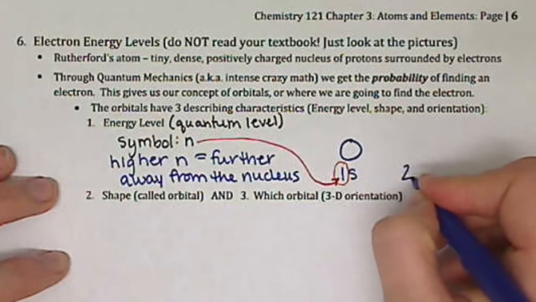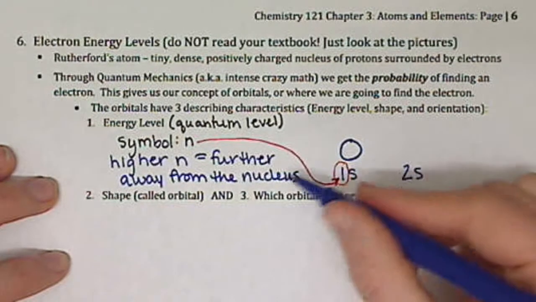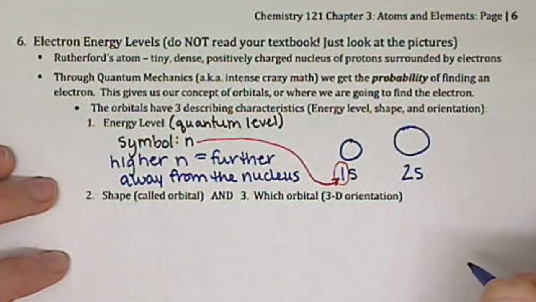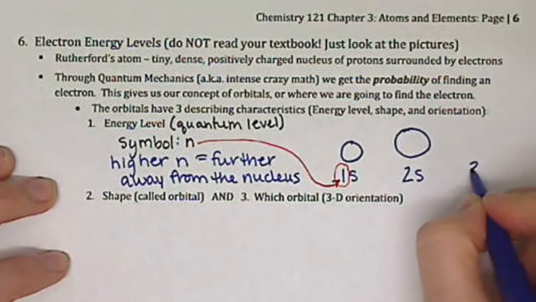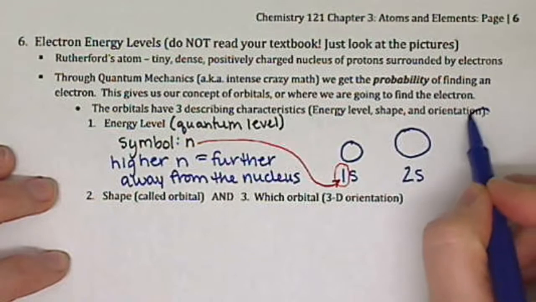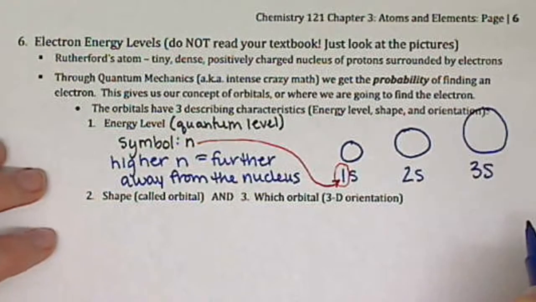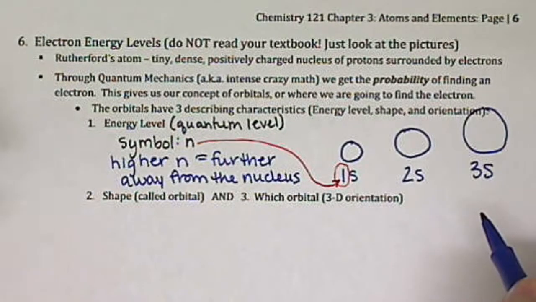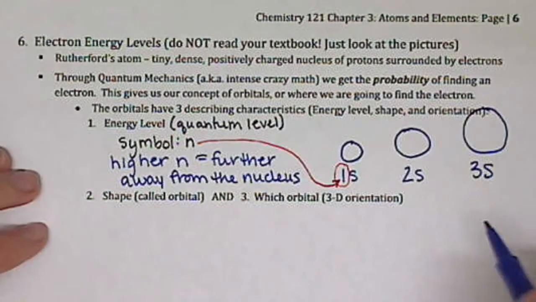If we were to draw a 2s orbital, our electrons have to be further away from the nucleus, so we would have a bigger sphere. And 3s, we'd have an even bigger sphere. So the larger that number out in front is, essentially the larger the shape.